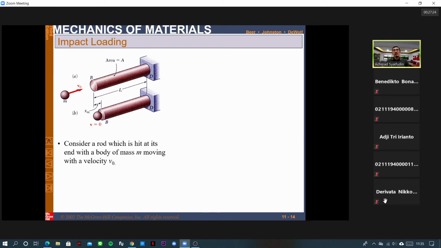Yeah, another advantage is that you can use the strain energy method to solve impact problems. This is the type of case where you can apply the strain energy method.